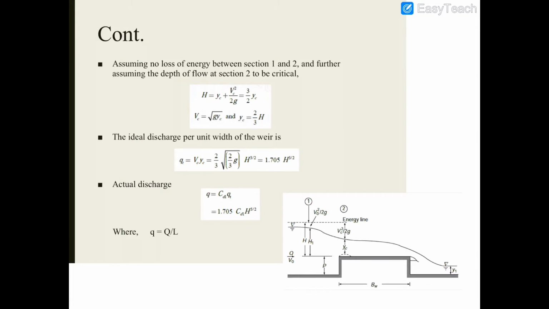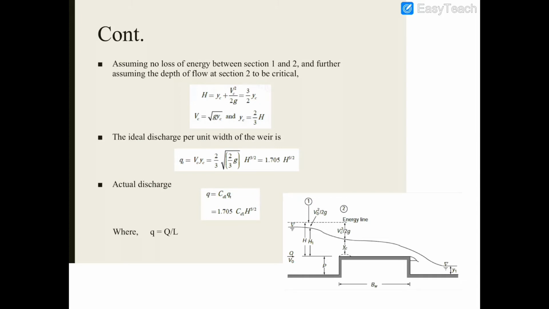Hence at section 2 the critical flow is prevailing, so the specific energy at section 2 will be the minimum specific energy, and in case of a rectangular channel the minimum specific energy in terms of critical depth is 3 by 2 Yc. Hence this H will be equal to 3 by 2 Yc.